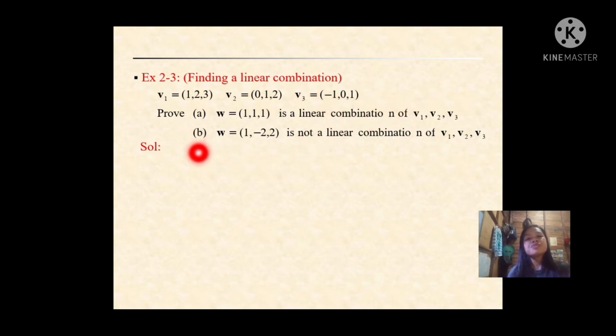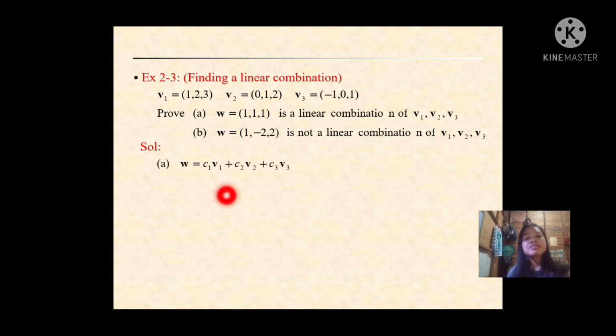The steps for proving: first, W equal to 1, 1, 1 is a linear combination of V sub 1, V sub 2, and V sub 3. And the second, W equal to 1, negative 2, and 2 is not a linear combination of V sub 1, V sub 2, V sub 3.